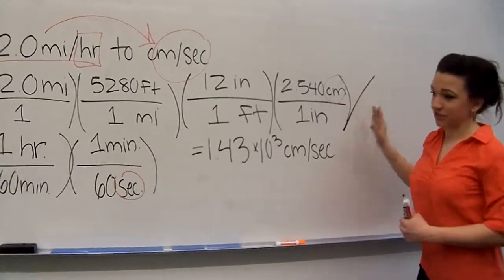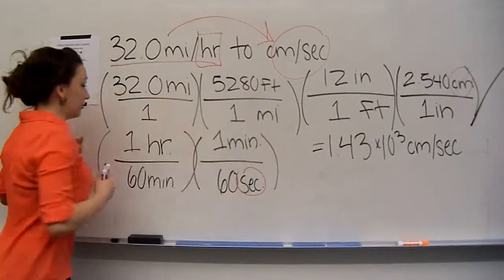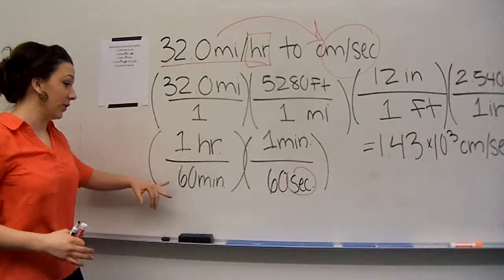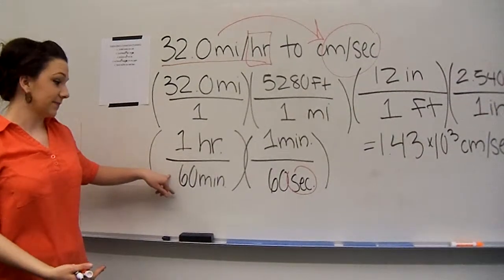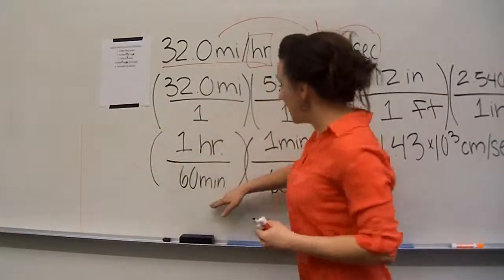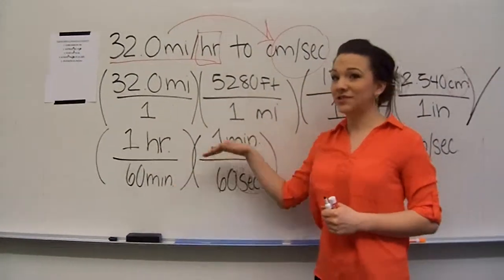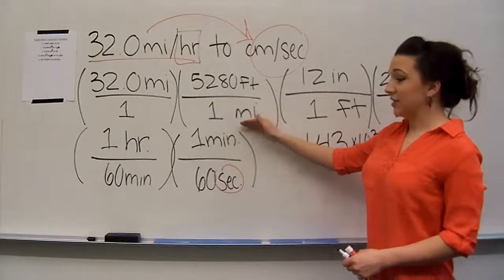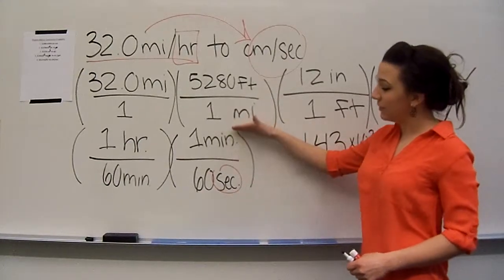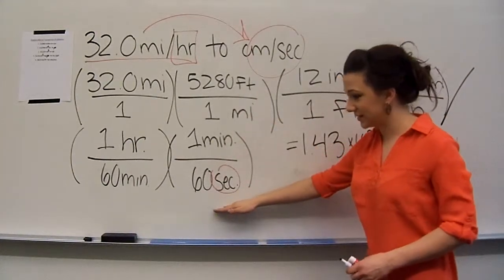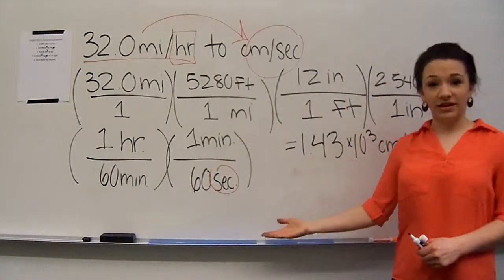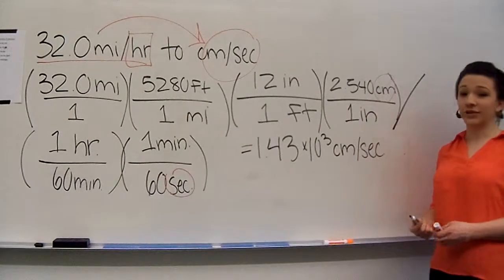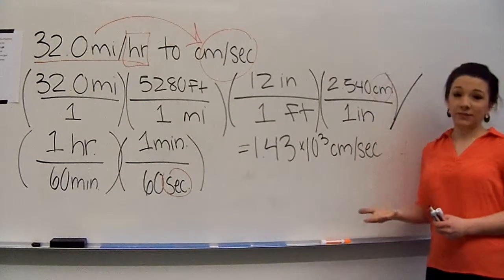That was the first portion. Now we move to our second portion. We put 1 hour over its equivalent, which is 60 minutes. We match diagonally from bottom to top, 60 minutes to 1 minute. We write its equivalent vertically. 1 minute is equal to 60 seconds. Again, plug that into your calculator to verify, and you should end up with 1.43 times 10 to the third centimeters per second.